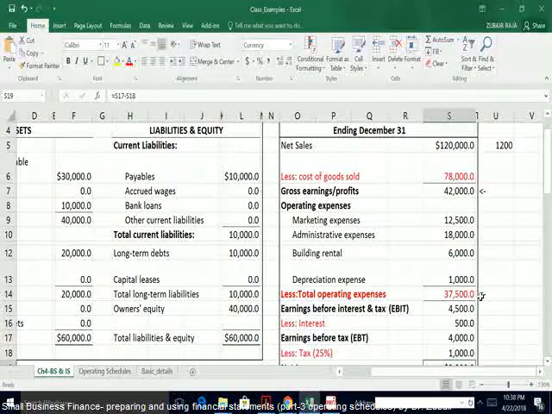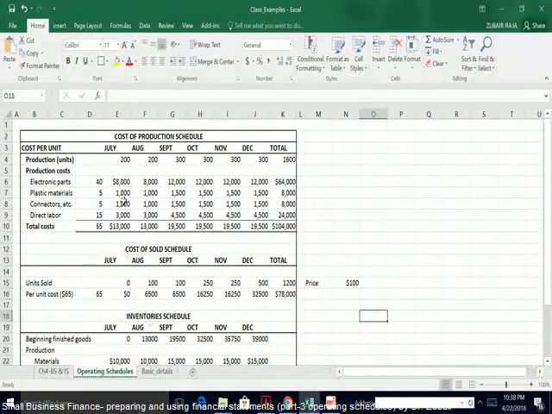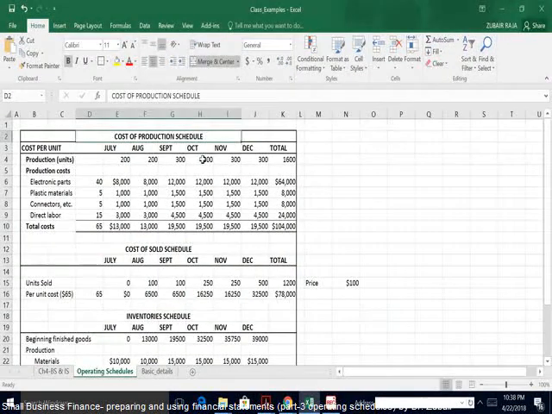Your net income will also be incorrect. So first of all, there is the first operating schedule, which is called the cost of production schedule. What production happened, how many units have been produced, and how much expense has been incurred in order to produce those units.